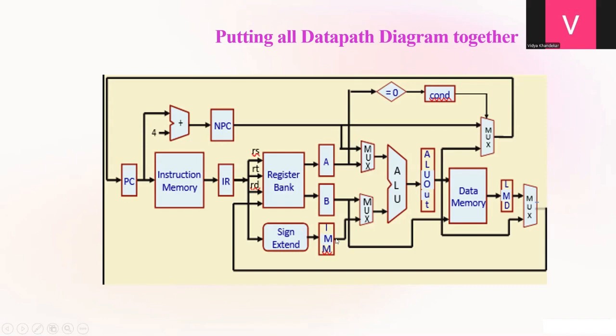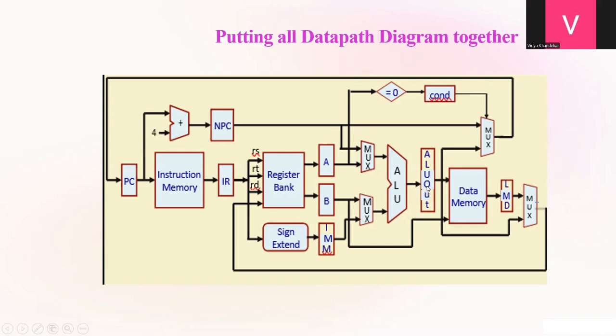Next we have execution. For execution, it is required to get data from A, B, or from the immediate. For this purpose, we use a MUX, and using the MUX we select one of the two values, which is fed to the ALU, and from the ALU we go to ALU out.